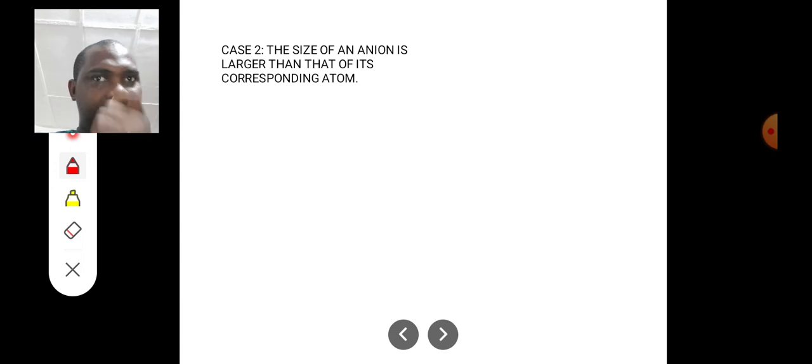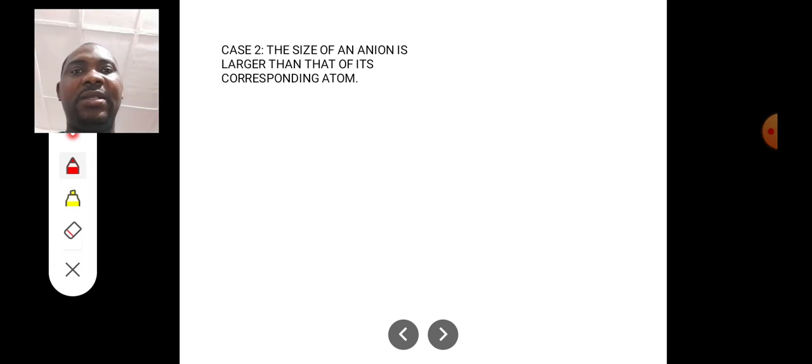Now, case 2. The size of an anion is larger than the size of its corresponding atom. An anion is formed when an atom gains an electron. So when an atom gains an electron, the nuclear charge increases. And whenever nuclear charge increases, what happens? The size will increase.